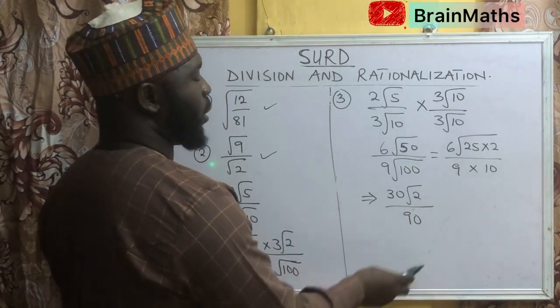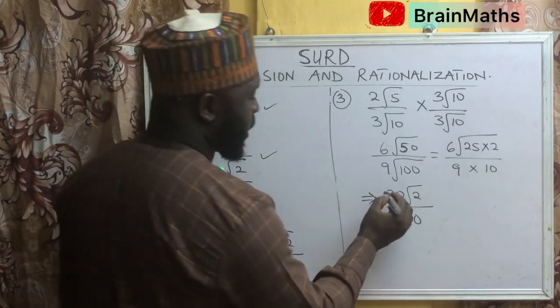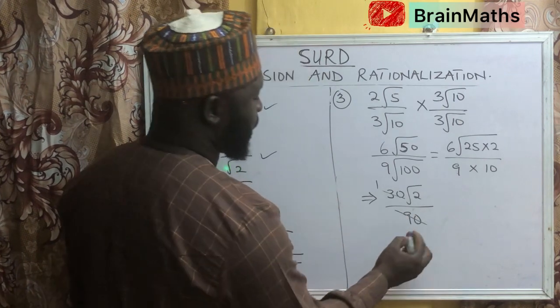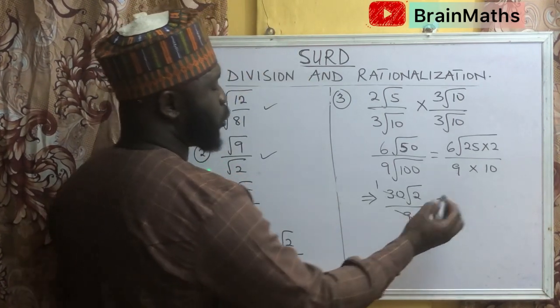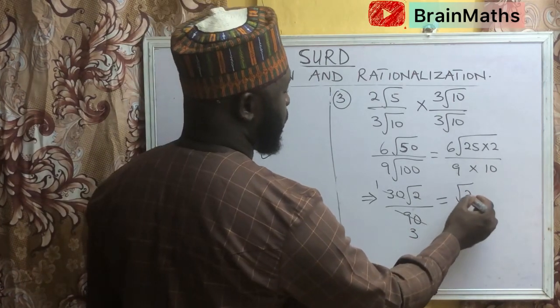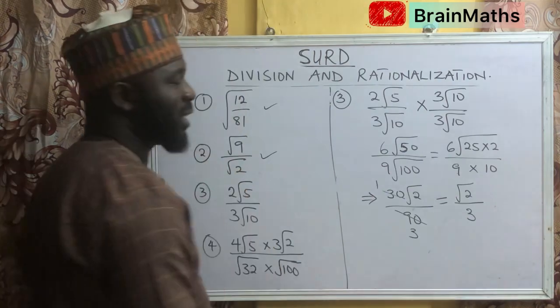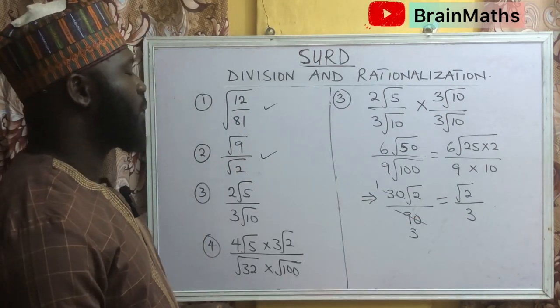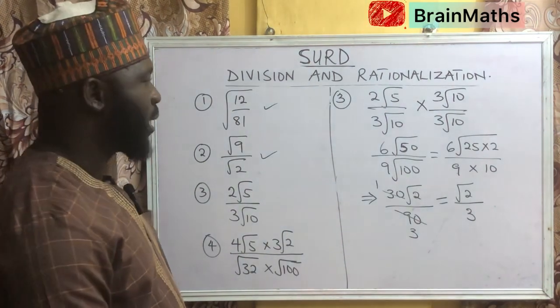Now, it is obvious that we can divide 90 by 30. So we say how many 30 in 30? 1. And how many 30 in 90? 3. So we are left with 1 times root 2 over 3. From what we are seeing here, our denominator is free of any root, so we can say our answer is okay like that.